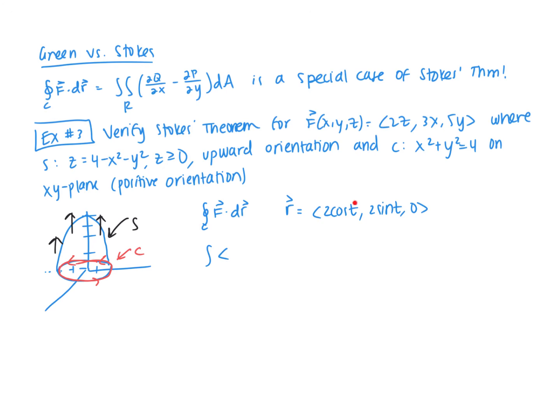We take r and plug it into f. So 2z, or 2 times 0, is 0. 3 times x, so 3 times 2 cosine t gives us 6 cosine t. And 5y will give us 10 sine t. Then we dot that with r prime of t, which is negative 2 sine t, 2 cosine t, and 0.